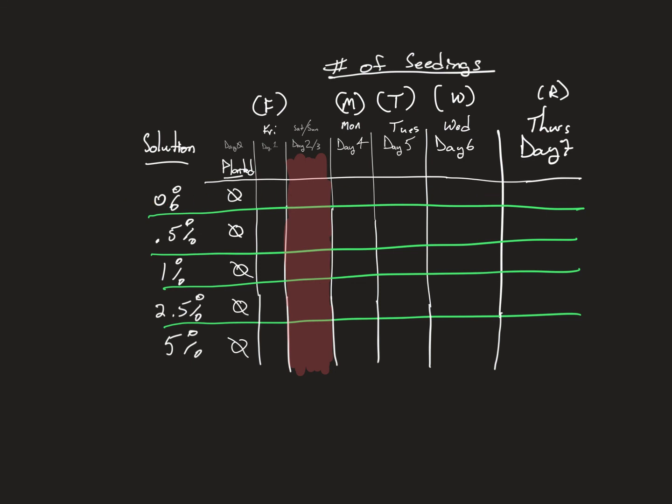The expectation, and I'm going to write it in yellow, is that by Thursday, we're going to have 5 seedlings, right? Here in the distilled water, the DI water. I'm just telling you when you collect the data, but our hypothesis would be that we'd expect 5 seedlings by the end of the 7 days.